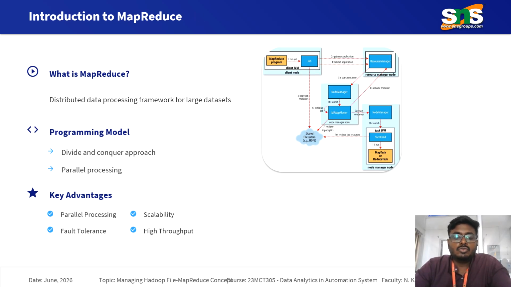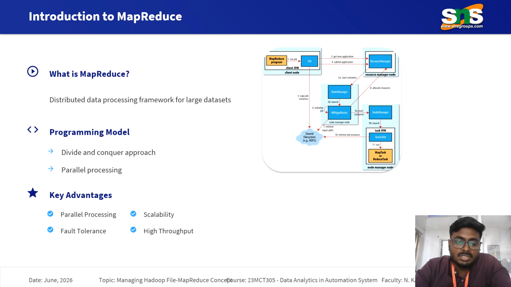Introduction to MapReduce. It is a programming model that allows us to process massive data sets in parallel across a cluster. The core idea is simple: divide and conquer. You split the problem, solve each part independently on different machines, and combine the results. The advantages are significant.